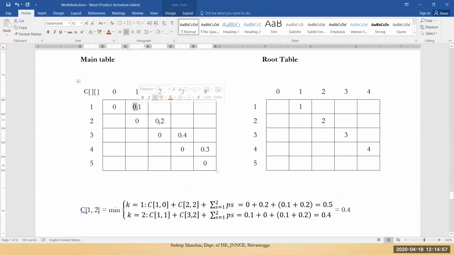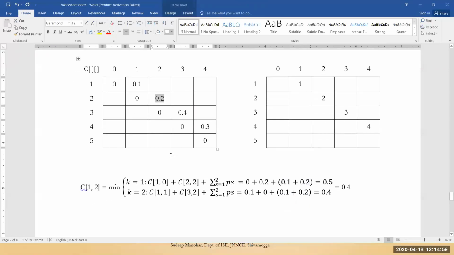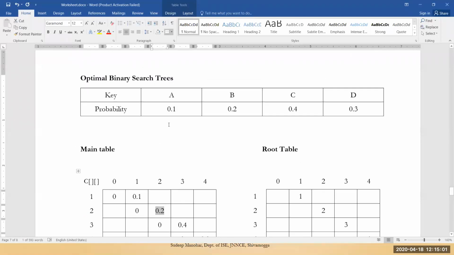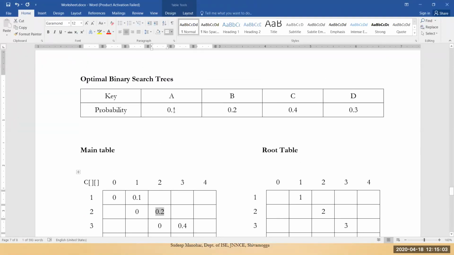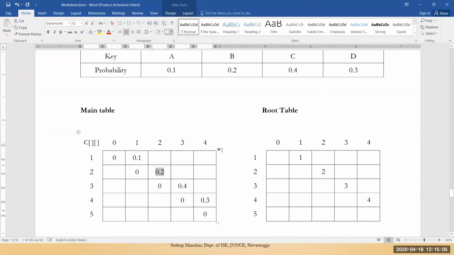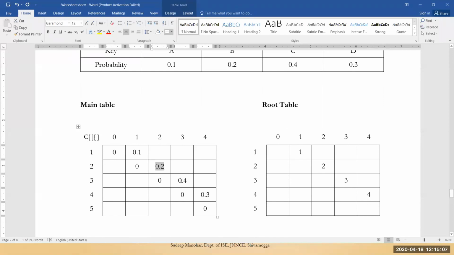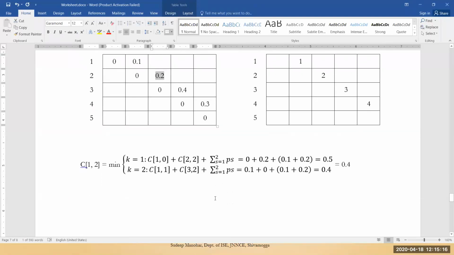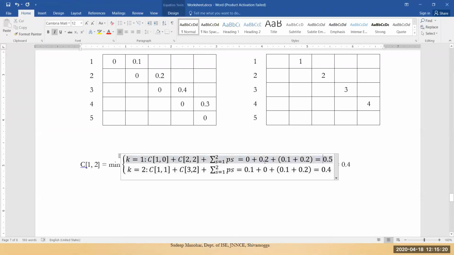So this is P1, this is P2. Or else you can look at this table, P1 and P2, 0.1, 0.2. The diagonal above the main diagonal gives the probabilities of each element. So it is 0.1 plus 0.2. What do you get? 0.2 plus 0.1 plus 0.2. It is 0.3. 0.3 plus 0.2 is 0.5.